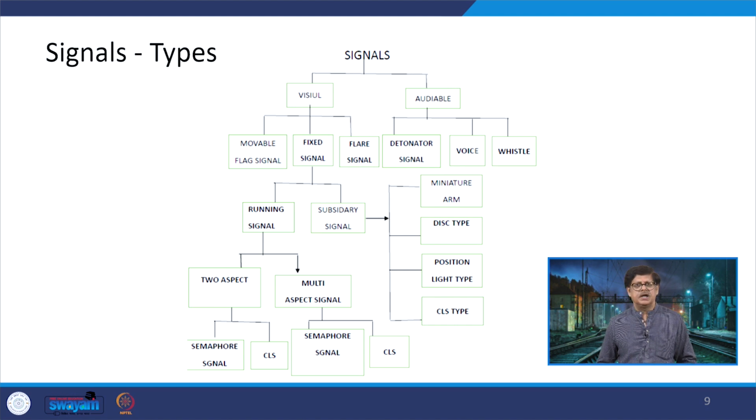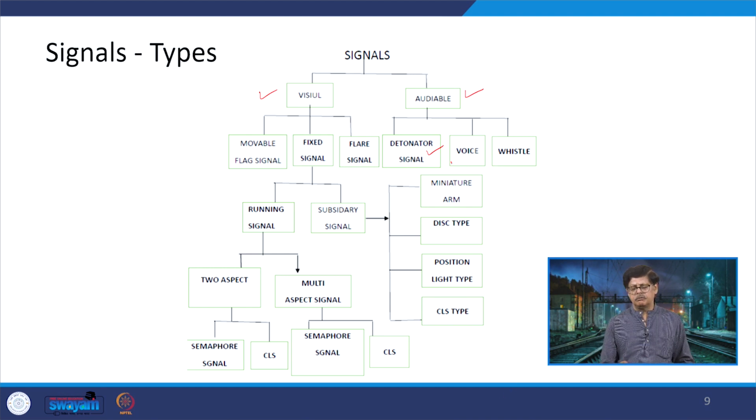So, this is a chart which tries to give you a bigger picture of how the signals are being classified. Say it starts with the visual versus audible. Now, in the case of audible, the different things which are there are that you are going to use the detonators which are placed on the rail head, and when the train moves on top of it, it will blast and it will alert the loco pilot that they need to look for the signal, they need to control the speeds.